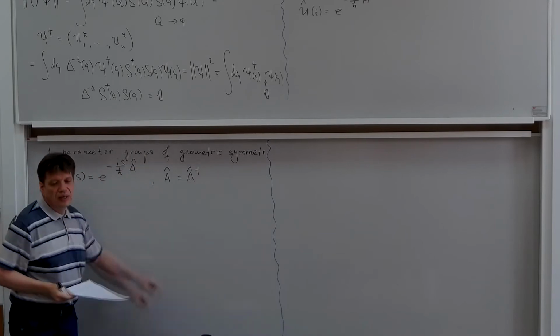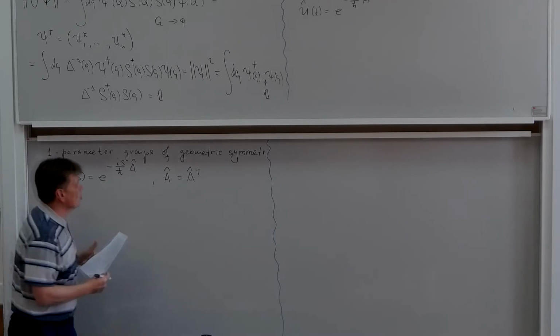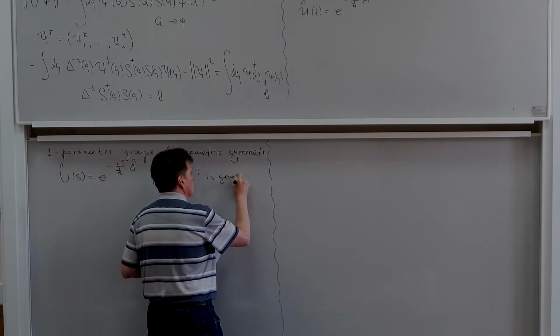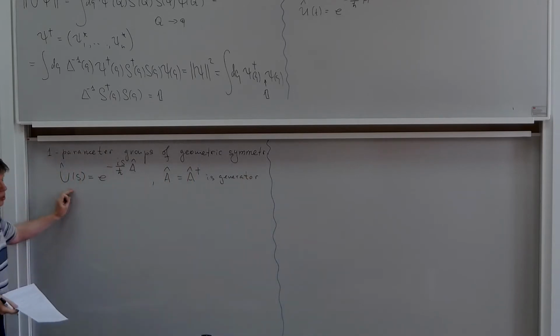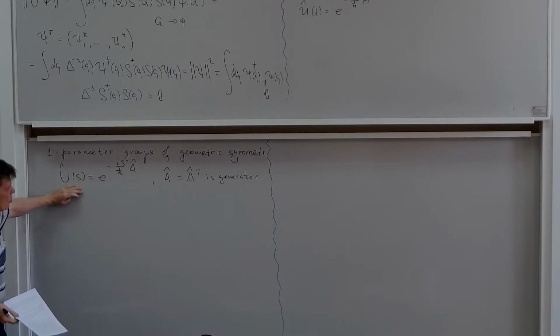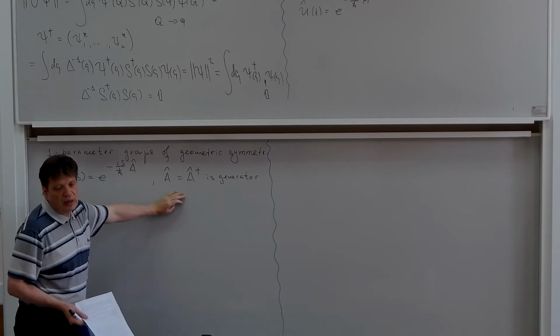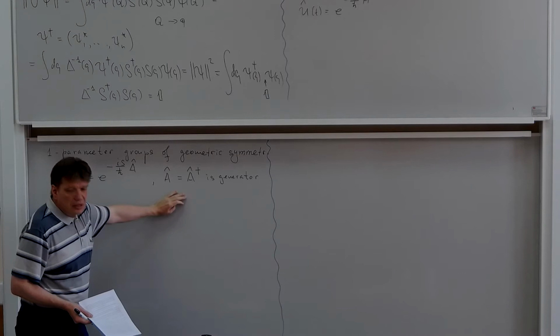It is called the generator of the one-parameter group. Whenever the operators U are symmetries of our Hamiltonian, the corresponding generator is an integral of motion, and vice versa.